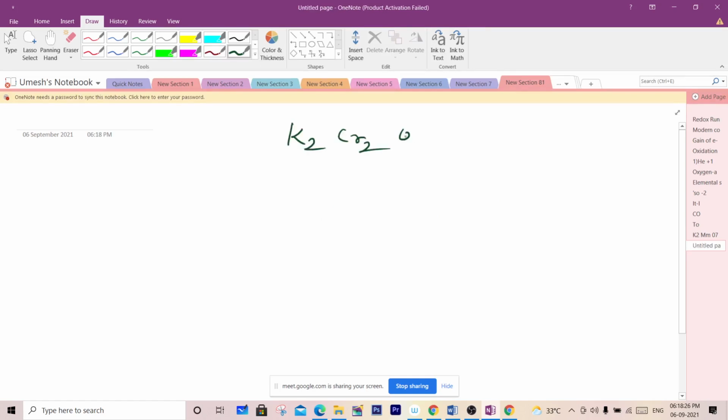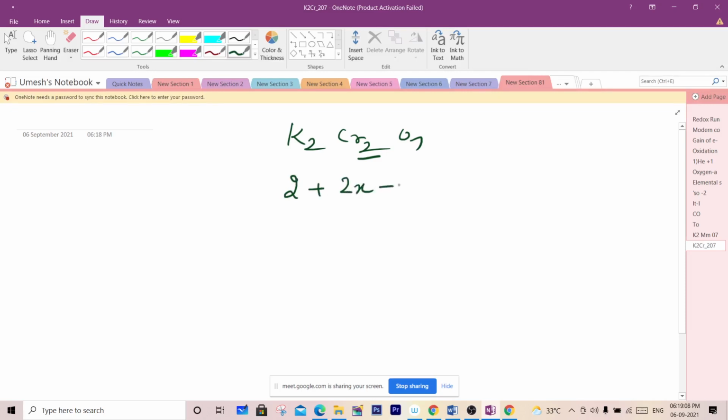Now, K2Cr2O7. Can you calculate for the chromium here? One plus one for potassium is 2.